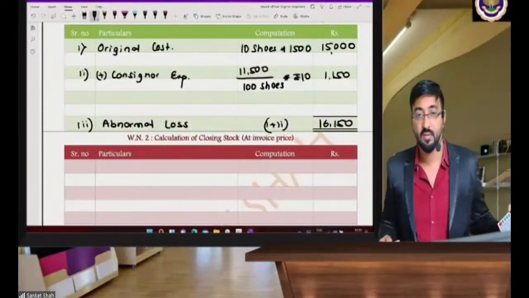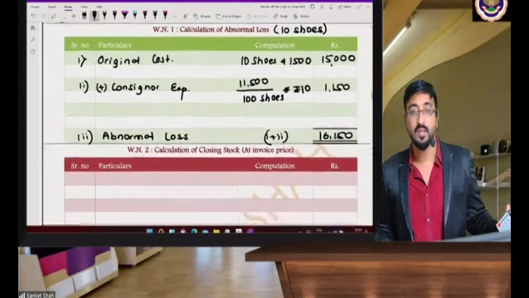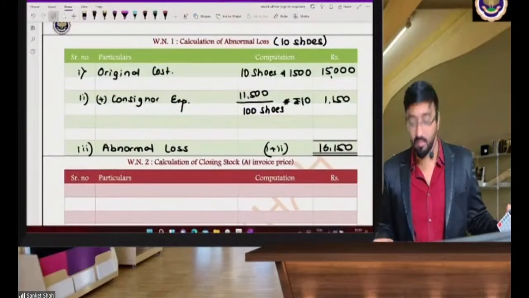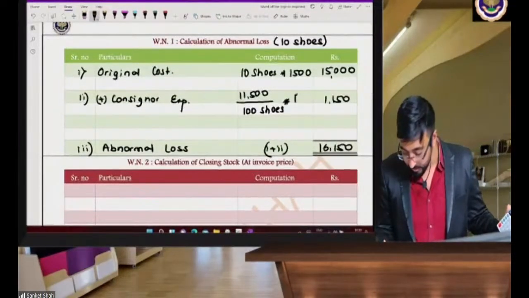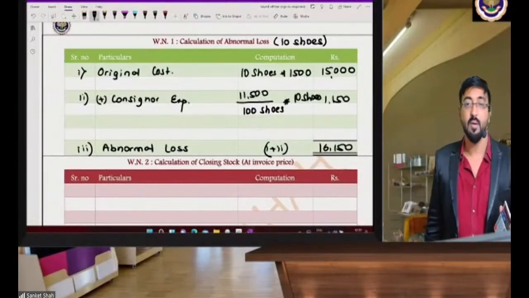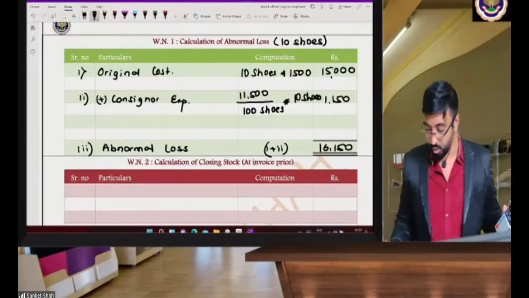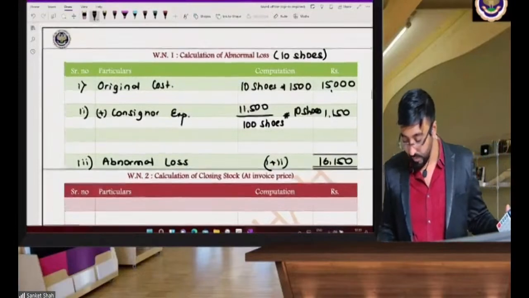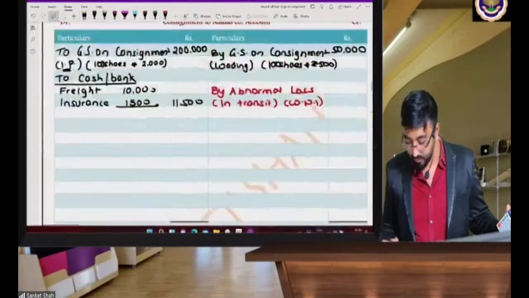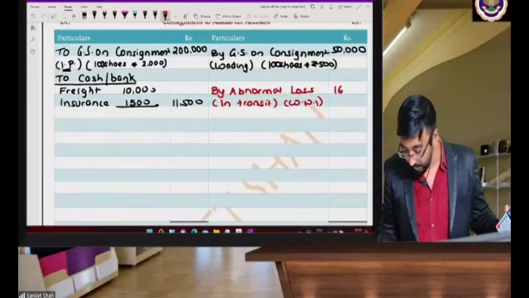So abnormal loss is recorded here at cost. At cost. Why am I writing this? This is 10 shoes, not rupees 10. 10 shoes. 1150. 16,150. And red pen, I will write it.